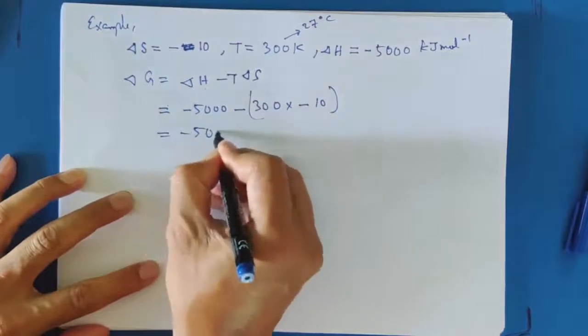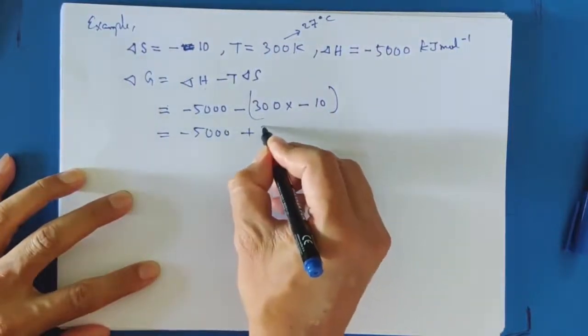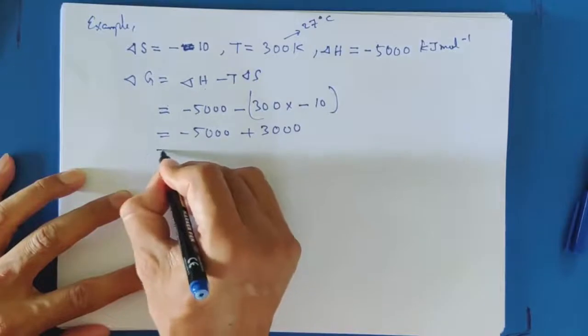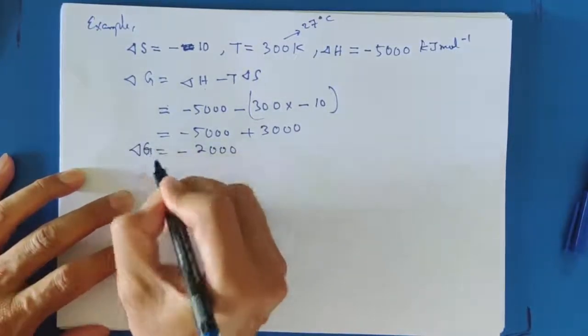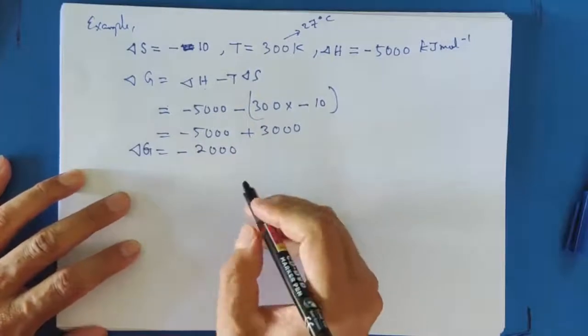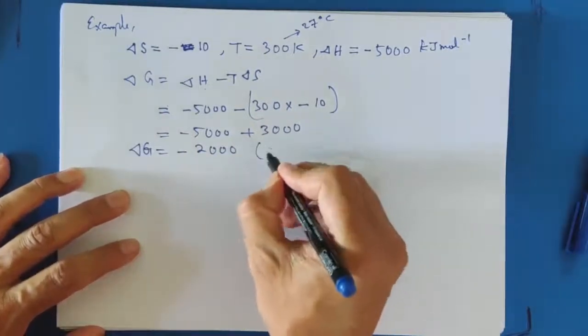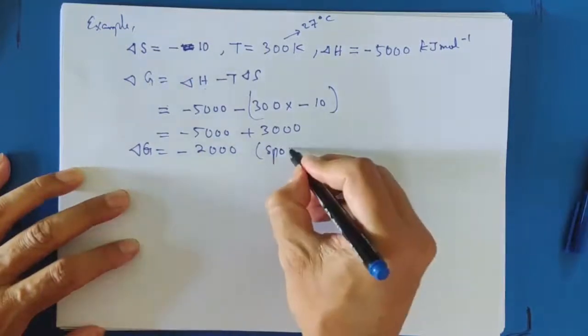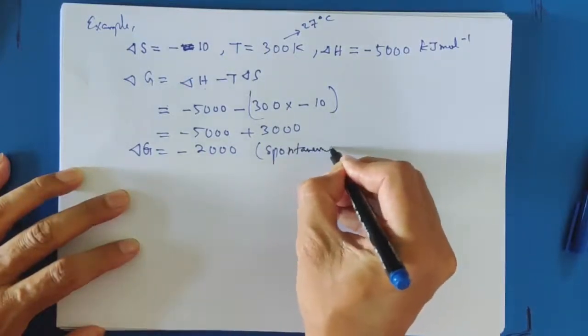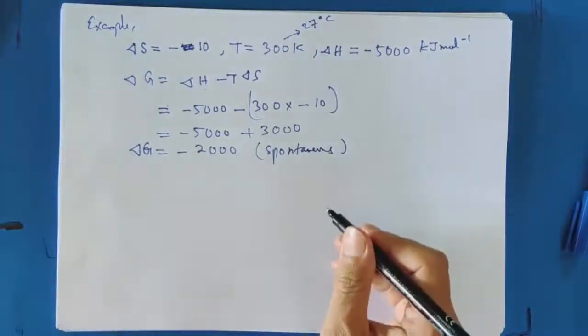Okay, this is 5000. This is plus 3000. Minus 2000. Finally, del G has become negative. Why is del G negative? This is spontaneous. Reaction by the total thing.